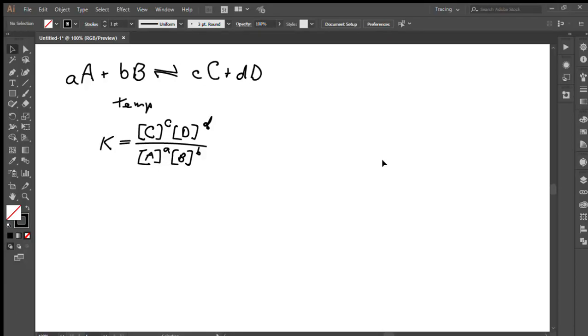So now what happens here, since up top we got our products over our reactants, if we got really small reactants and really big products, that means our K is going to be really big.